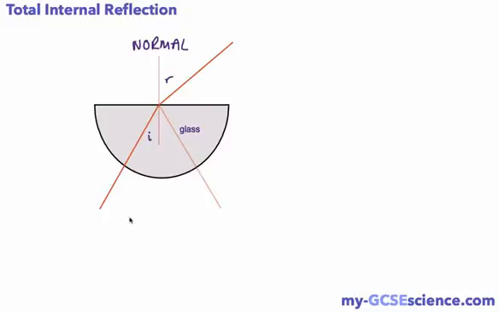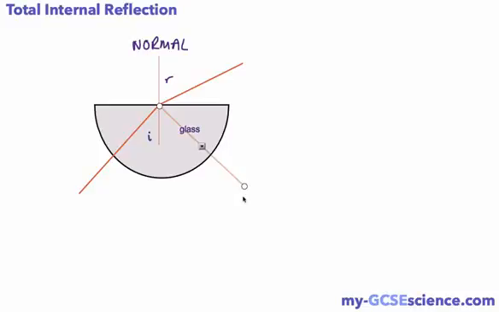Now, what we could do next is increase this angle of incidence, so in other words increase the angle at which we're shining the light ray towards the glass prism, and what you would see is refraction would increase, and the angle of reflection would also increase. Let's just move the glass out of the way, and you would see something that looked like this.